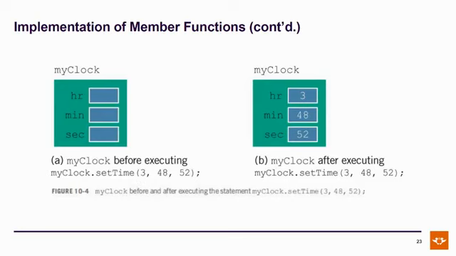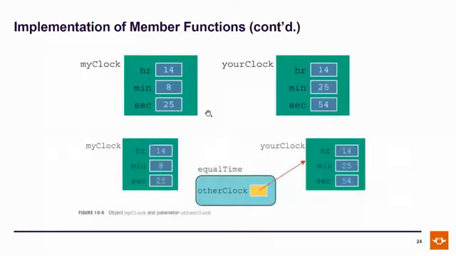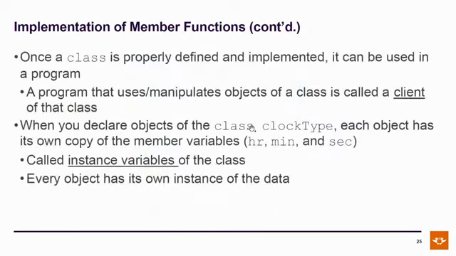For modifying, we call them mutator functions, and for retrieving the values, we call them accessor functions. They're also very commonly called setters and getters, because they're almost always named set something or get something. So that's a very common set of member functions that you will include.